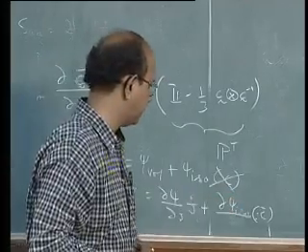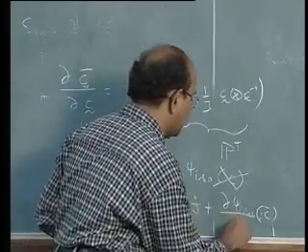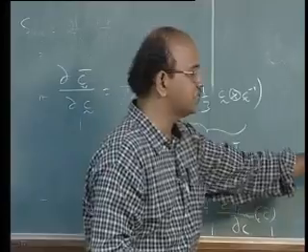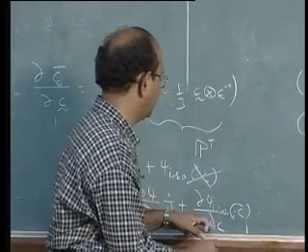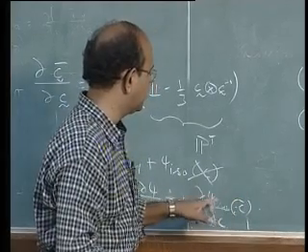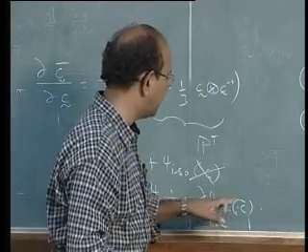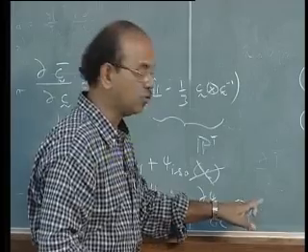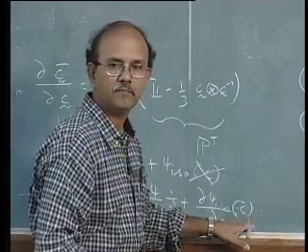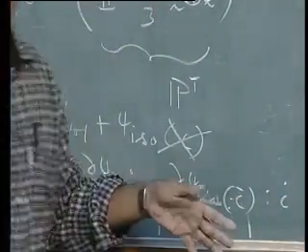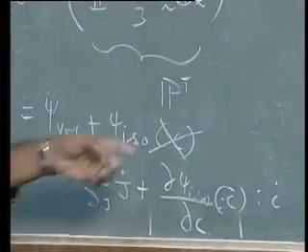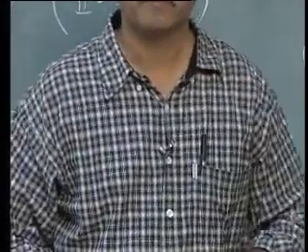But when I want to substitute this, it has to be in terms of C because this is C dot. So in fact, I have to write this down as dou psi iso of C bar by dou C bar, into dou C bar by dou C, colon C dot. I have to substitute it back into that expression.